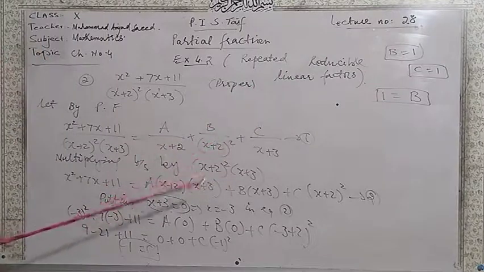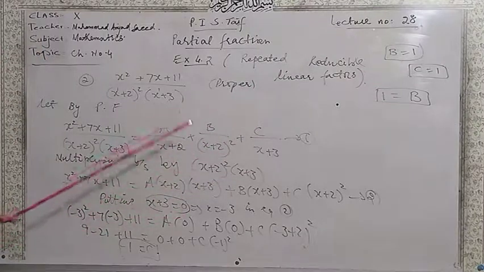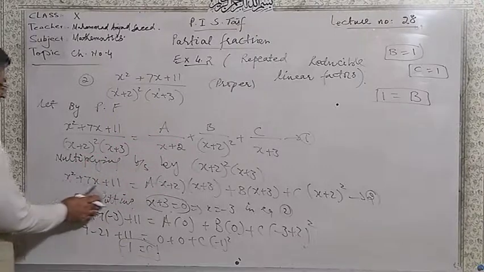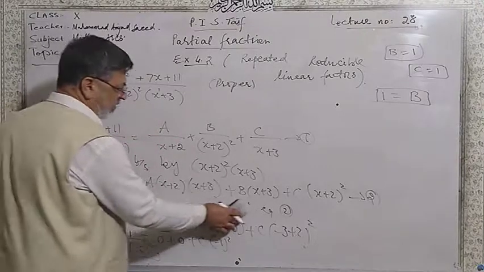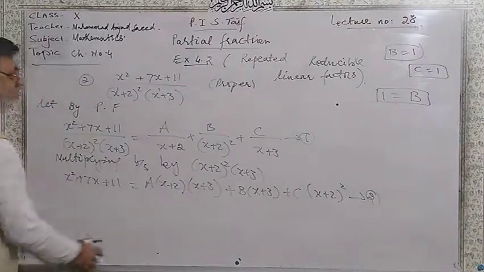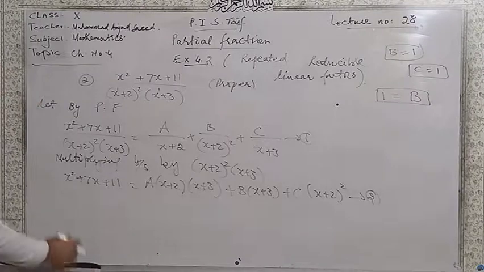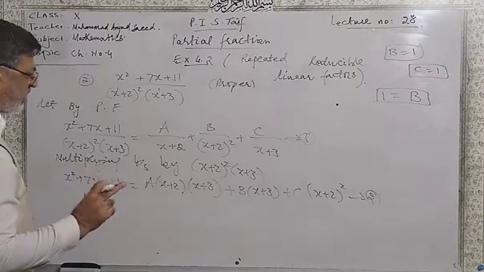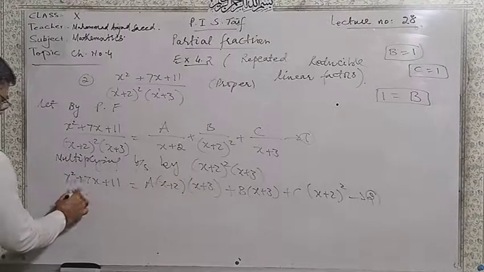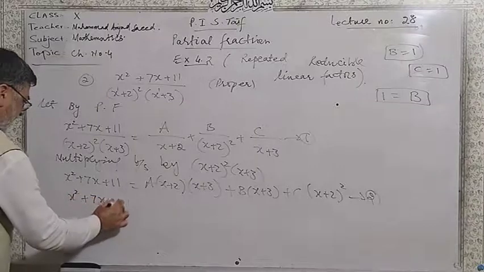Now by the putting method we cannot find one constant, that is A. So dear students, for finding the value of A we use the comparison method. Remember that for the comparison method we will simplify the right hand side, multiply the brackets, and by comparing we will get the constant.